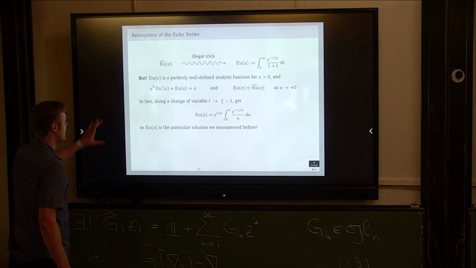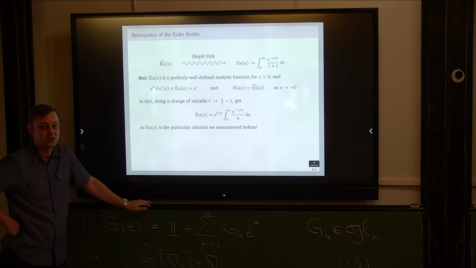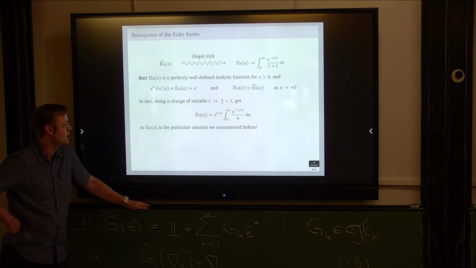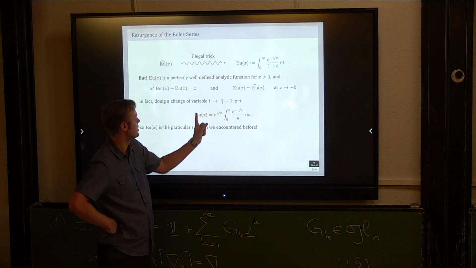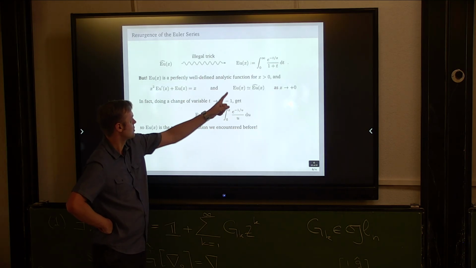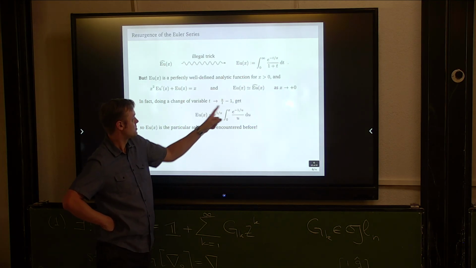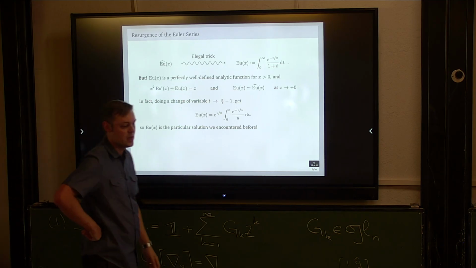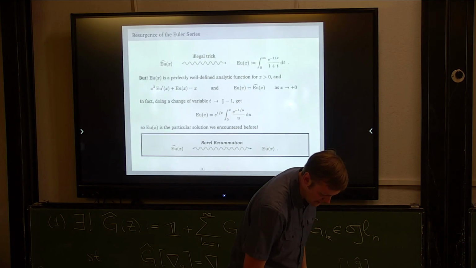And as an aside, in fact, if you did manage to remember the integrating factor method and you got that nice closed form expression for your solution, you'll find that you can relate this Euler integral that I wrote down to that closed form just by doing this substitution. So in other words, it is a particular solution that we encountered before.